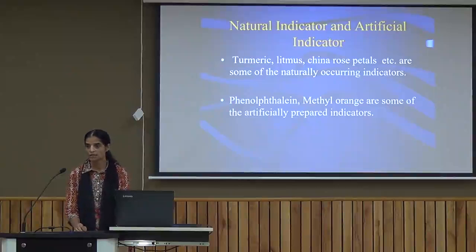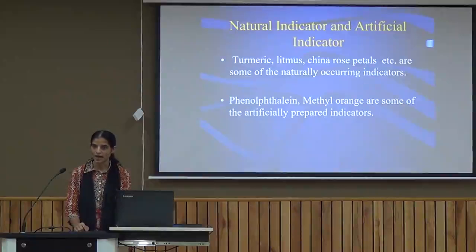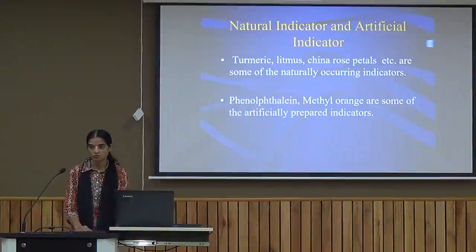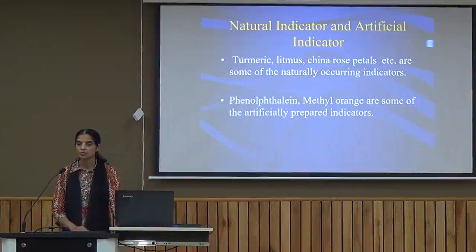When we talk of litmus, it turns blue litmus red with acids, and with bases, litmus turns from red to blue. So this is about litmus. Then if we talk of phenolphthalein, it gives no color change with acids.